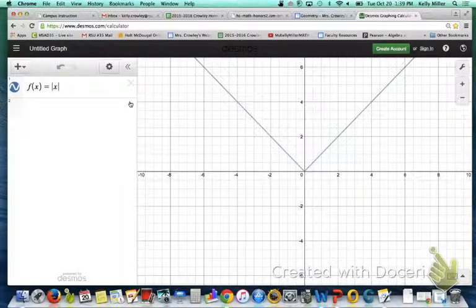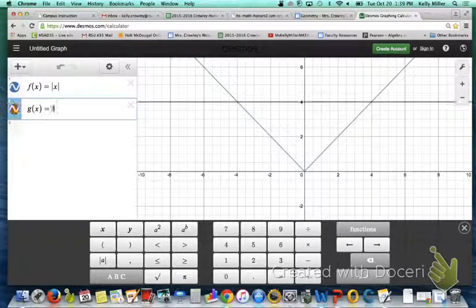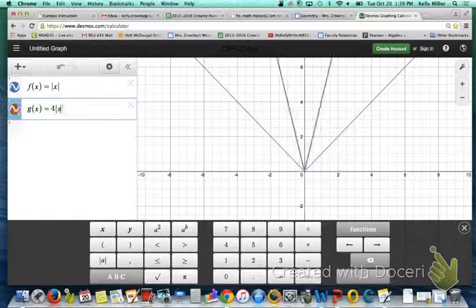Okay, what if I made g of x equal to 4 times the absolute value of x? What happened? It changed the slope, right? Here our slope was up 1 over 1. Here our slope turned into up 4 over 1. So if I had to think about it as a stretch or a compression, which would it be? It would be a stretch.